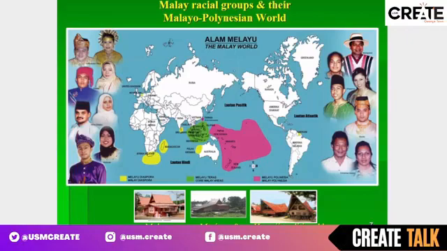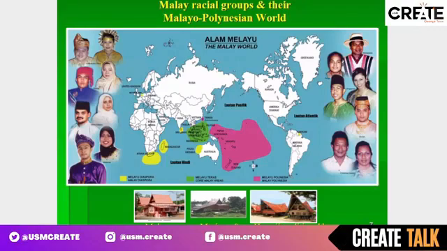On left and right of the map, you can see the faces. Some of them are my own friends, like this brother and his wife from South Africa, Mr. Songkok on the left. The others are not my close friends yet, probably. But if you go to their places, you would come across them.